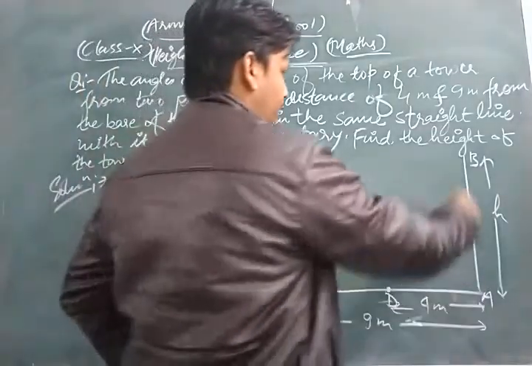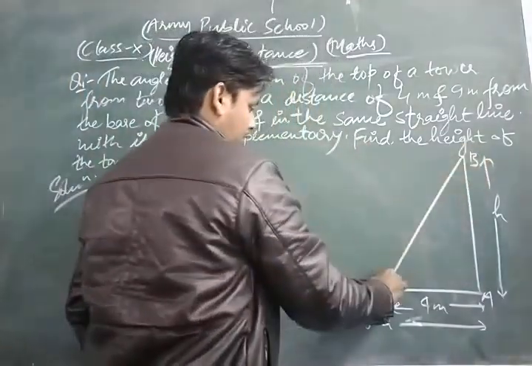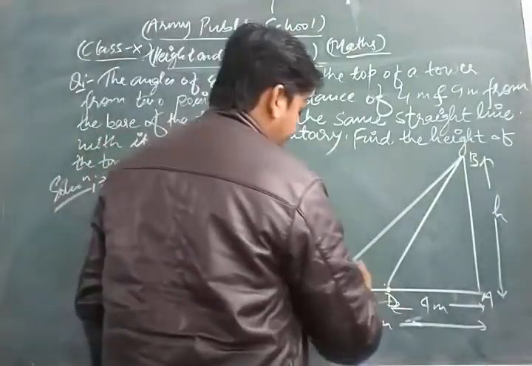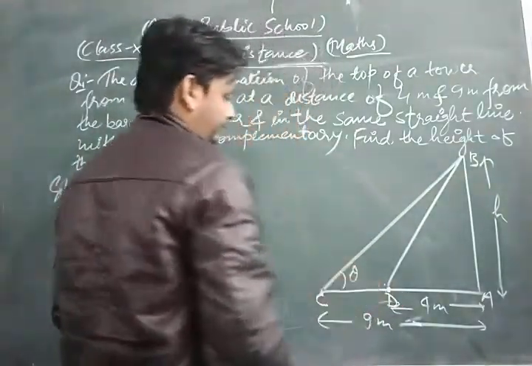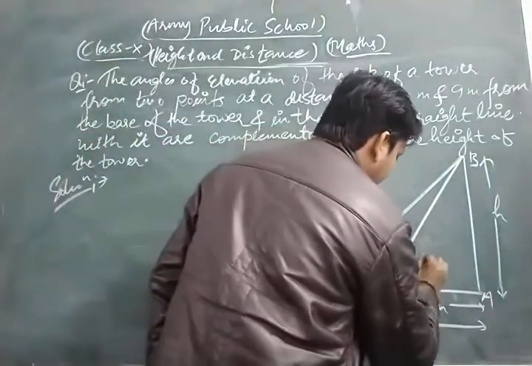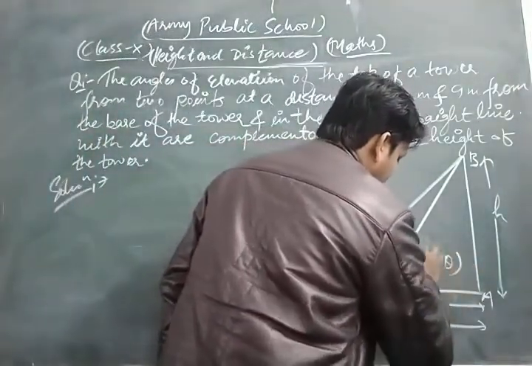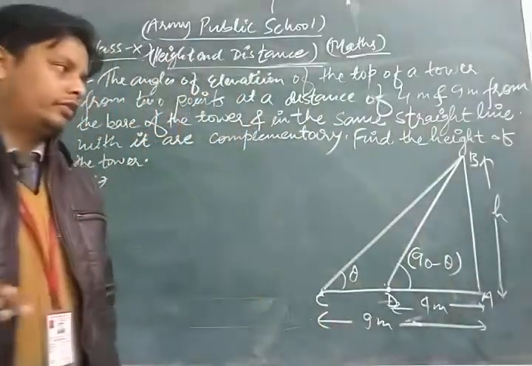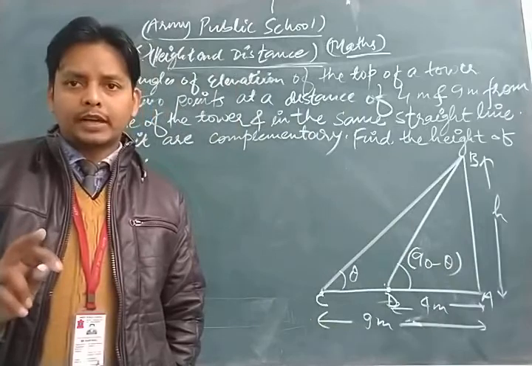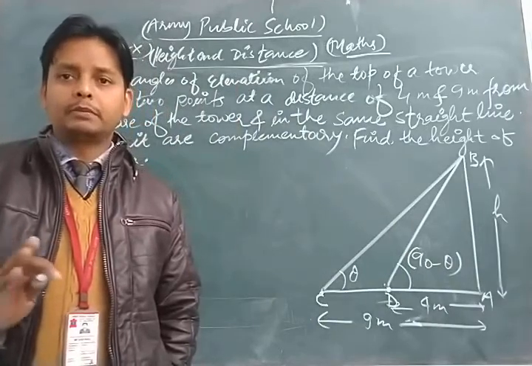So in this way, now look, if we take that angle as theta, then the other is 90 minus theta, because you know, dear friends, if the sum of the measures of two angles is 90 degrees, then they are complementary to each other.